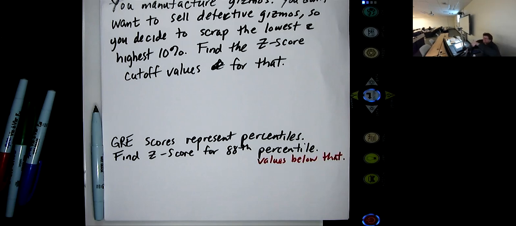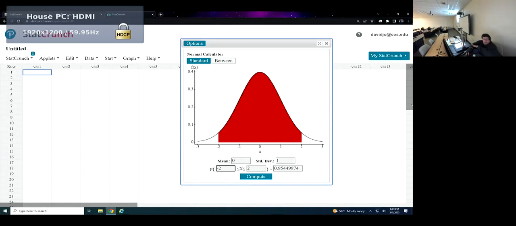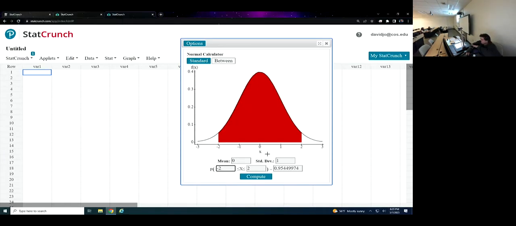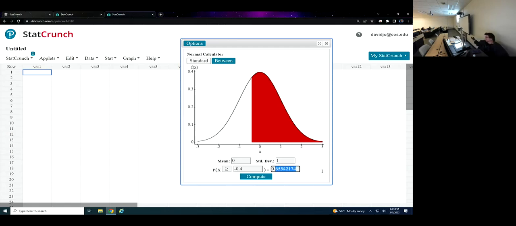All right, let's take a look at this. We're going to leave it at standard normal because we're looking at Z-scores. And the first one said scrap the lowest and highest 10%. So if I don't know what those values are, I can put in 0.1, the equivalent of 10%.